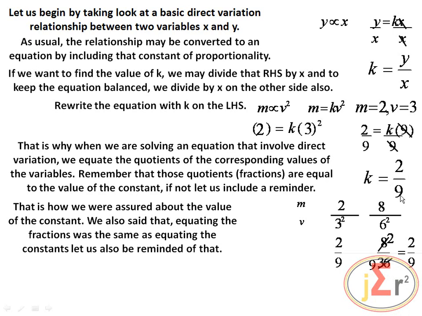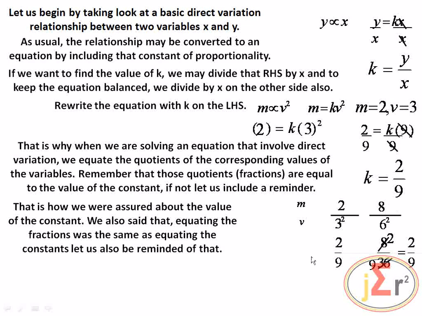was obtained by dividing the values. Divided the values and equate them. So what we have here is dividing one value by the other, and that is equal to the constant.